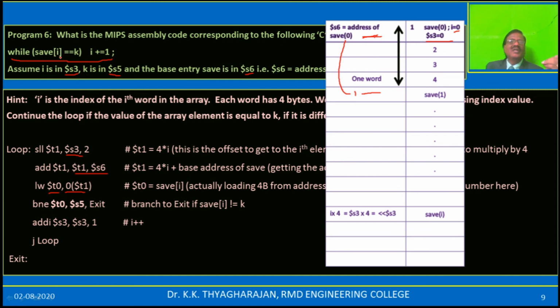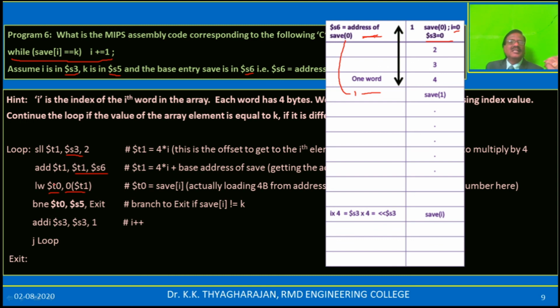Now what we have to do? The first word should be compared with K. To compare with K, you can use branch equal or branch not equal, anything you can use. I am using branch not equal.